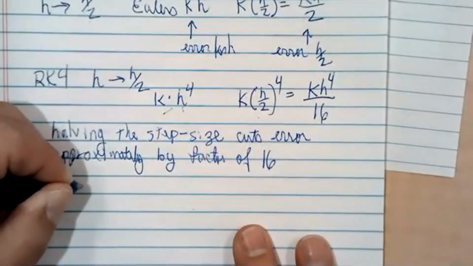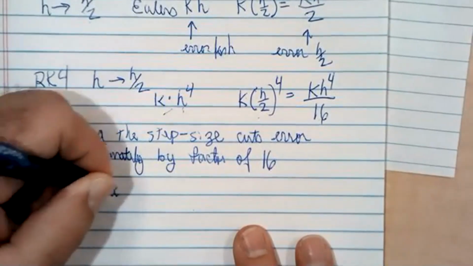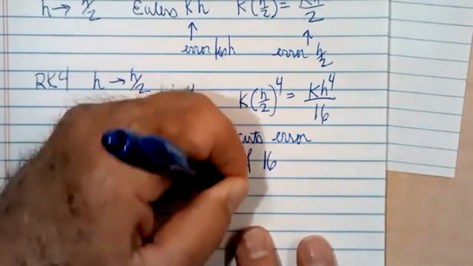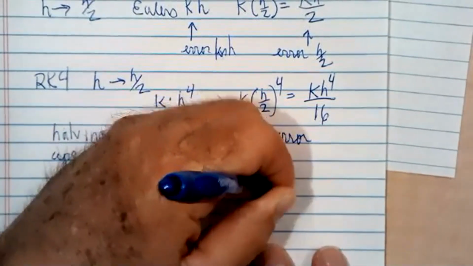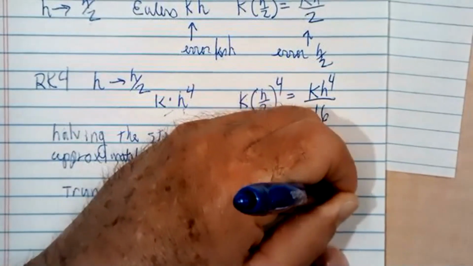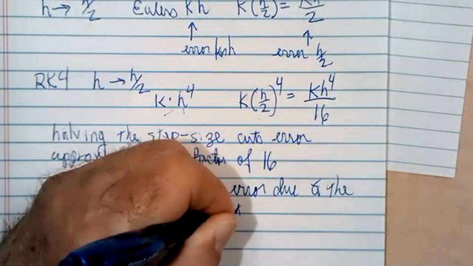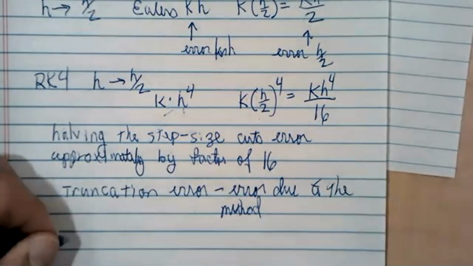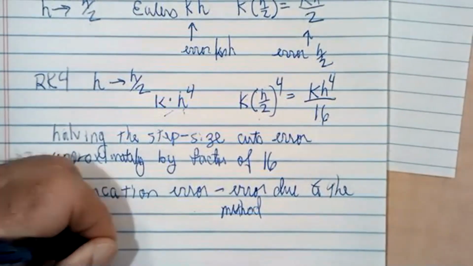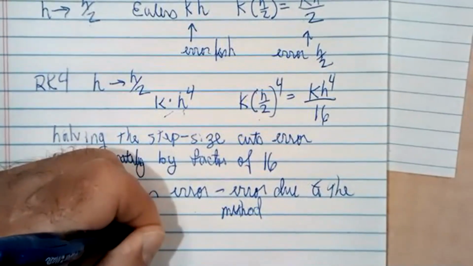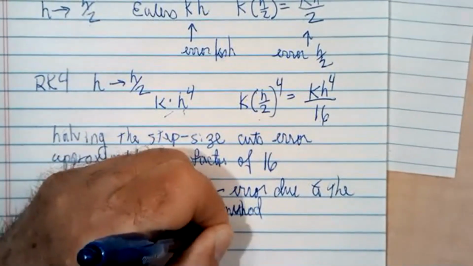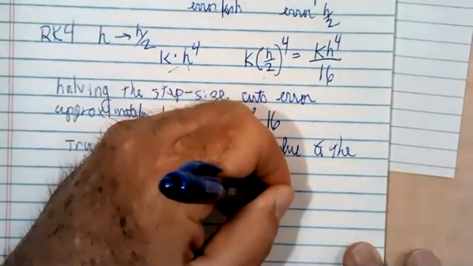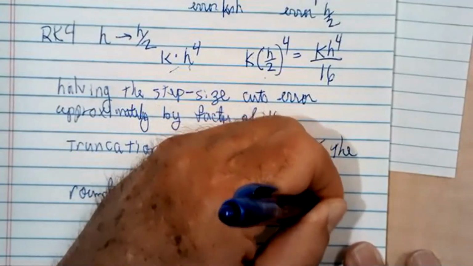So I'll call it truncation error because it's so much easier to say. That's the error due to the method, and round-off error, that's the error due to finite precision arithmetic.